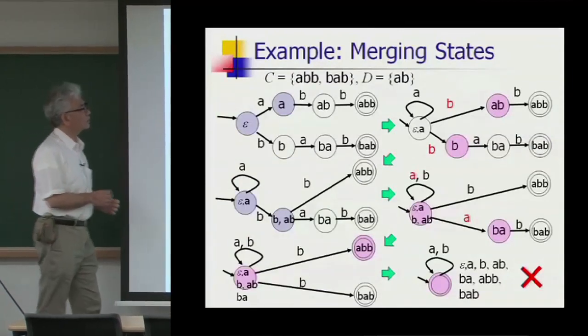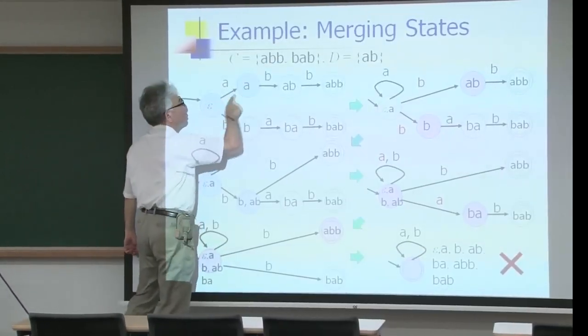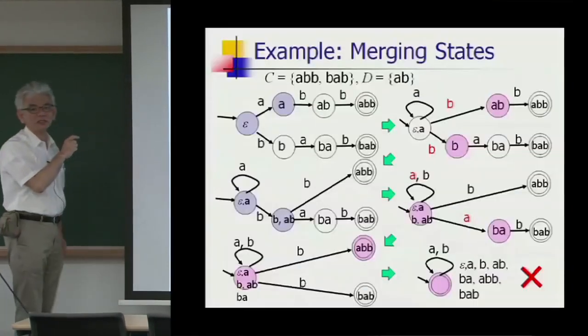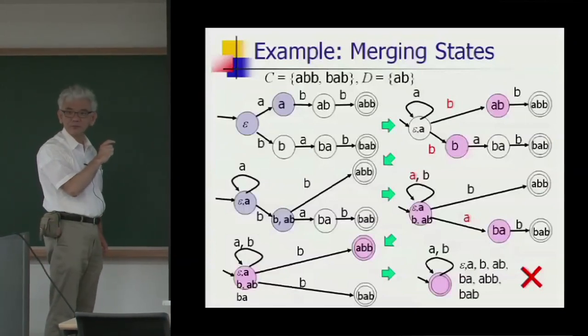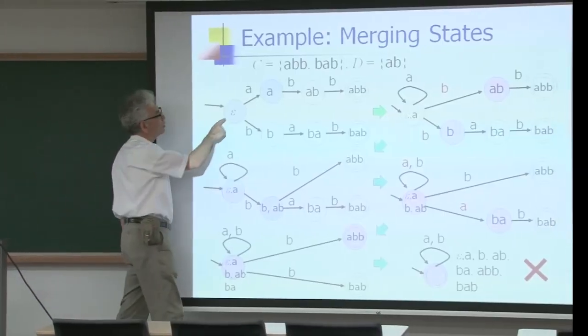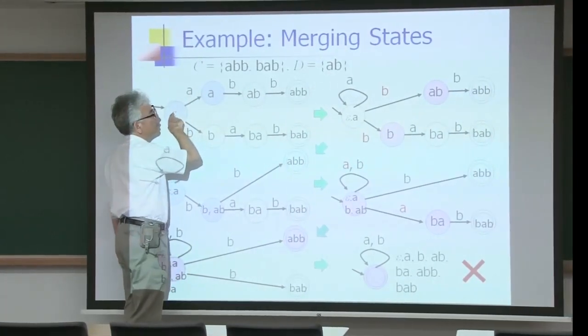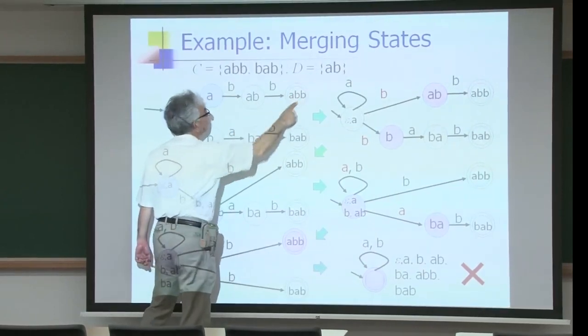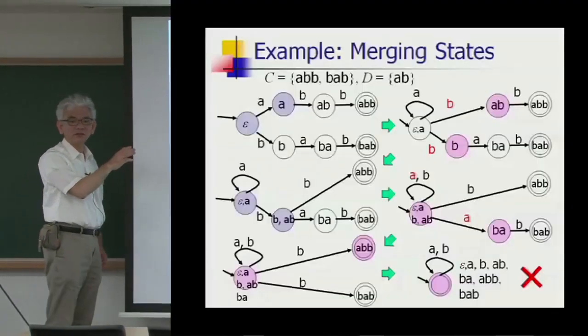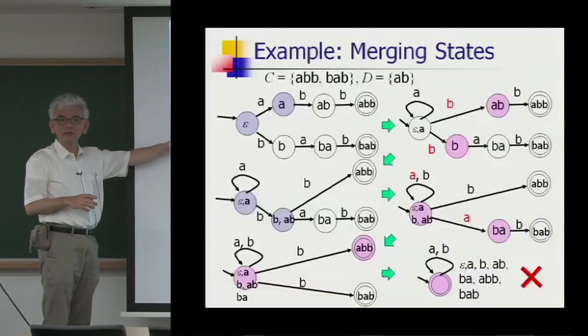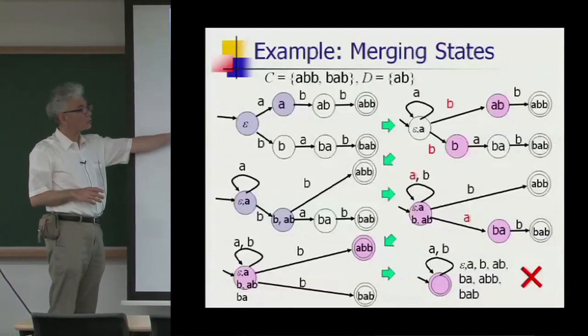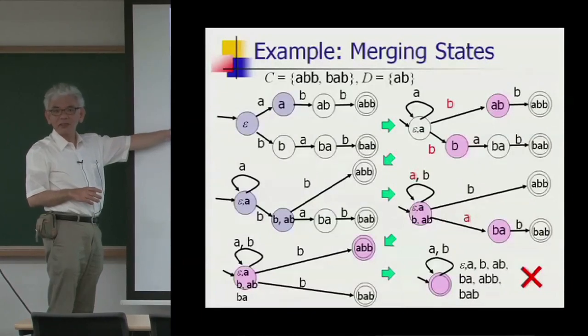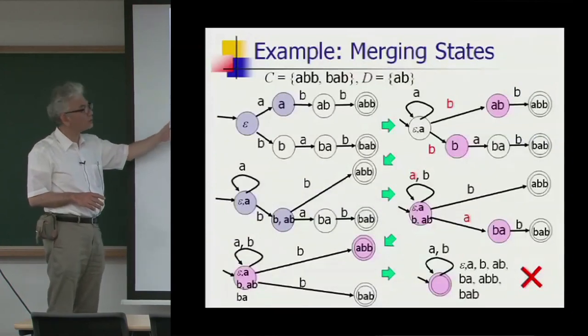The states correspond to the prefixes of each positive example. And so we have exactly one path from the initial state to the final state. And the final state is a leaf. Such a data structure is called a prefix tree or trie in the algorithm world. So we say that this is a prefix tree automaton.